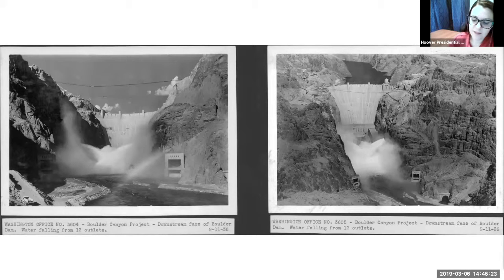The levees of those dams actually failed. They were old. They weren't built to hold as much water as they were holding back, and they failed. And so the Hoover Dam, when they built it, they knew that they were building it to hold back a lot of water. And so they wanted it to be structurally sound. And so to do that, they chose to combine the arch and the gravity dam to make sure that it would always be there, basically.